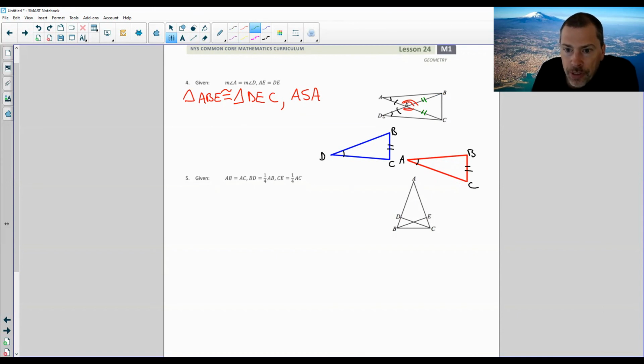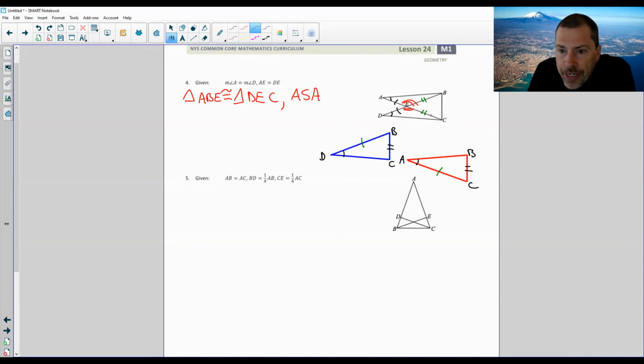AC equals DB. So now I have an angle, I have a side, I have a side. There is no SSA theorem, so I need to do something else. Oh yeah, right here. I already did that. I have the sides. Reflexive.